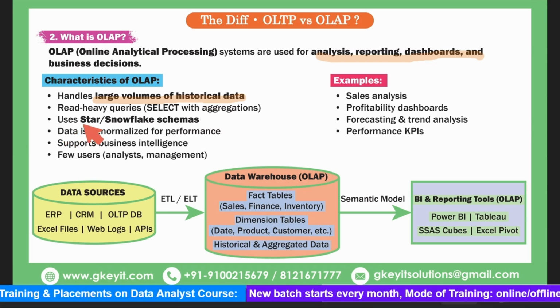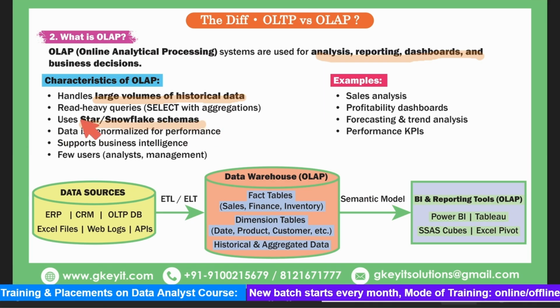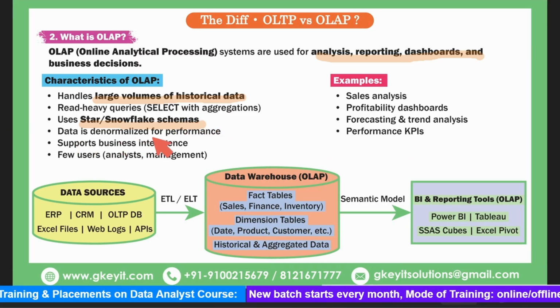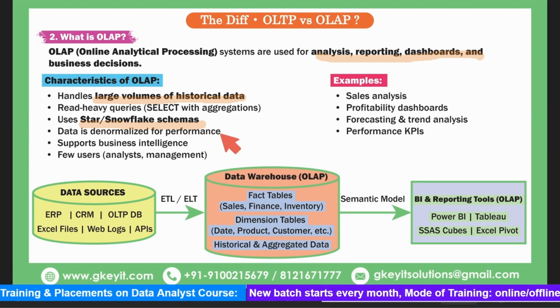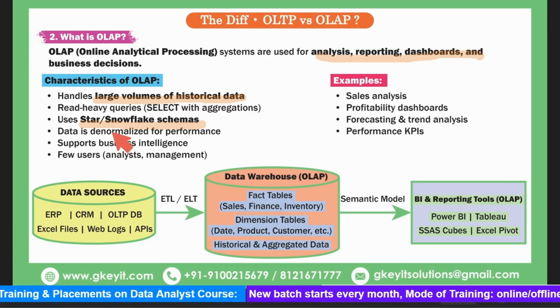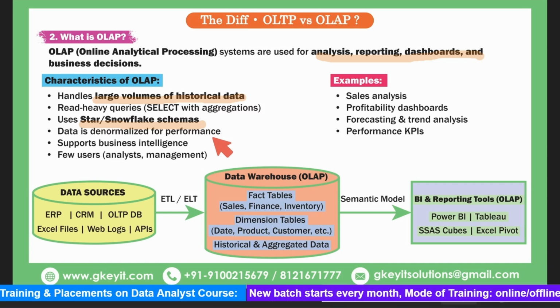These systems use star and snowflake schemas. We'll be discussing these schemas in the coming classes. Data is denormalized for performance, whereas OLTP systems maintain normalized data and OLAP systems maintain the denormalized form for performance. That is, there will be very few joins compared to the OLTP systems.